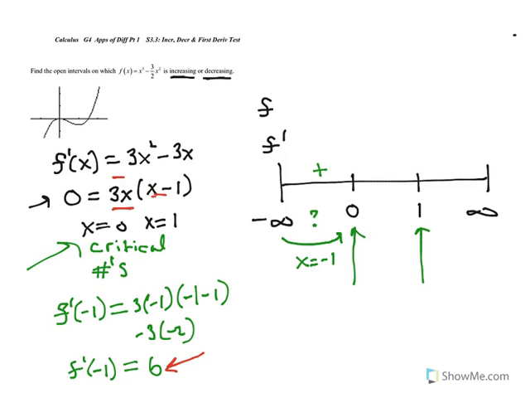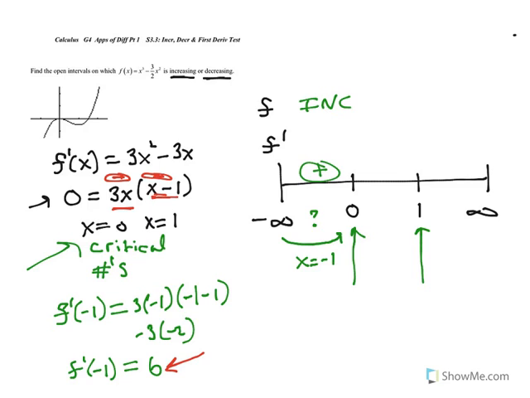And if I put a negative 1 into this one, then that's going to be a negative number. And a negative times a negative is always going to work out to be positive. So you don't need to find the actual value, you just need to determine whether it's positive or negative on that interval for f prime. So if f prime is positive, then that means function f must be increasing because the slopes are all going to be positive on that particular interval.